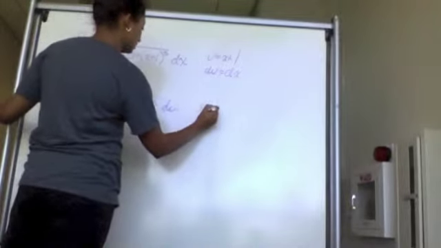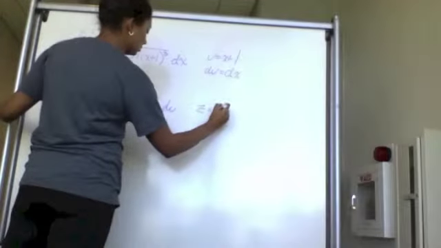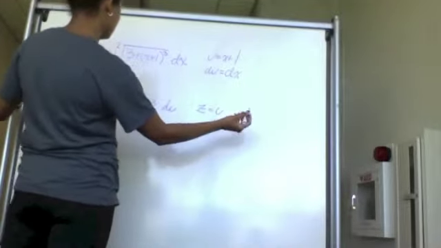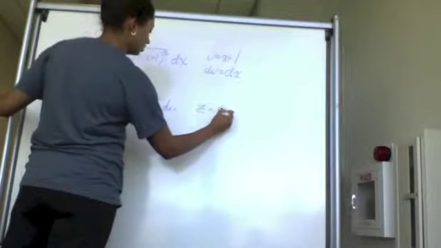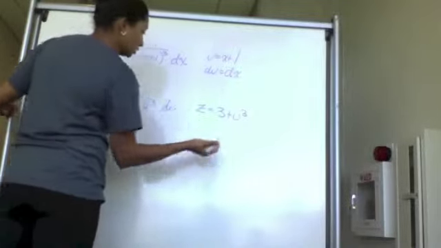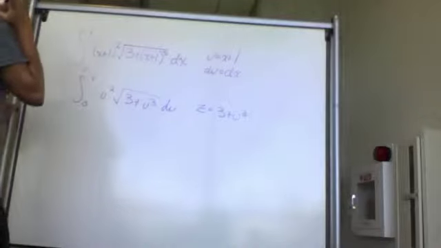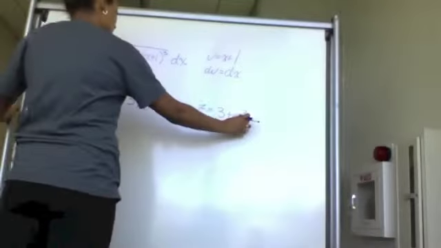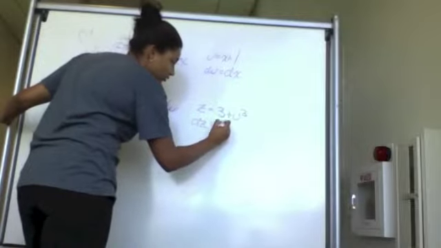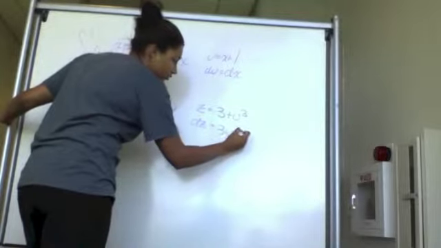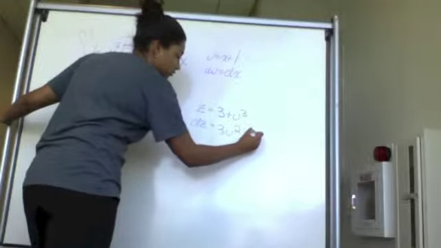So z equals 3 plus u cubed. And I picked that because of the derivative, so dz equals 3u squared du.